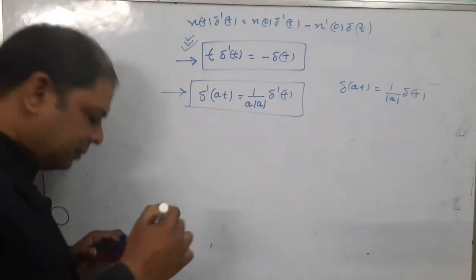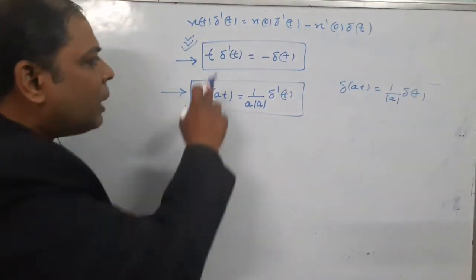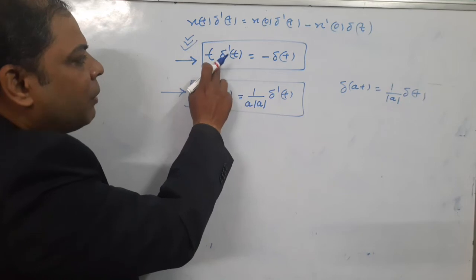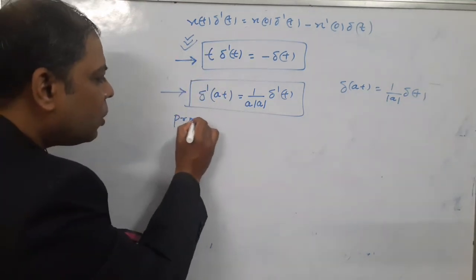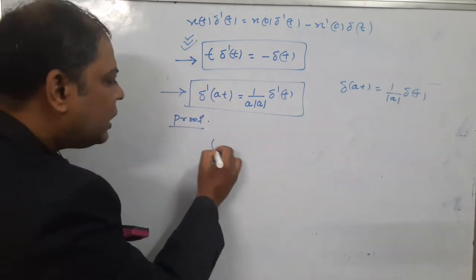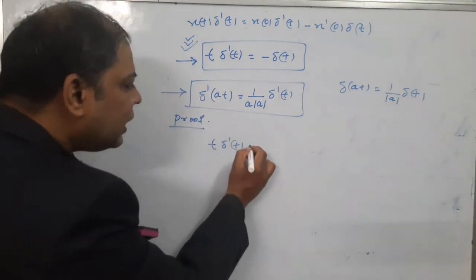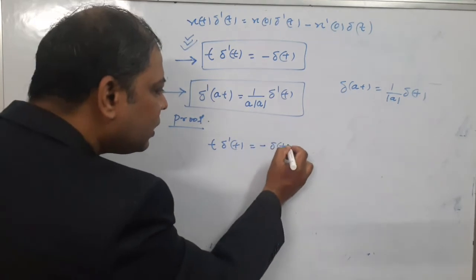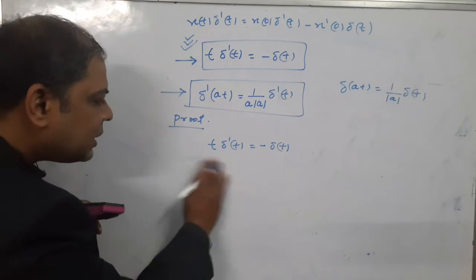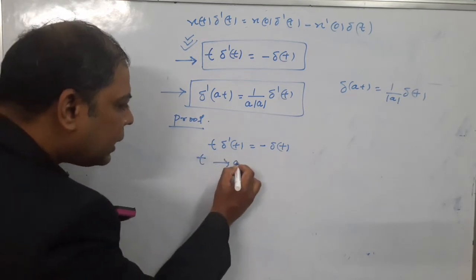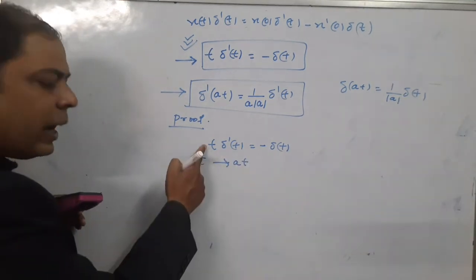Now how to prove this? You can prove this from the earlier property, which you already have. The proof is very easy. Now t del dash t is equal to minus del t. In place of t, replace t by at.